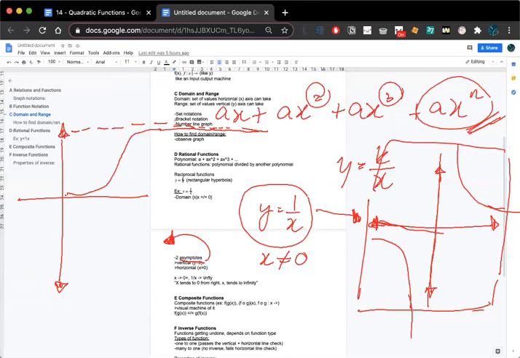So if you want to write this down, it would be that x tends to 0 plus, from the right, and when x tends to 0 from the right, y tends to infinity.